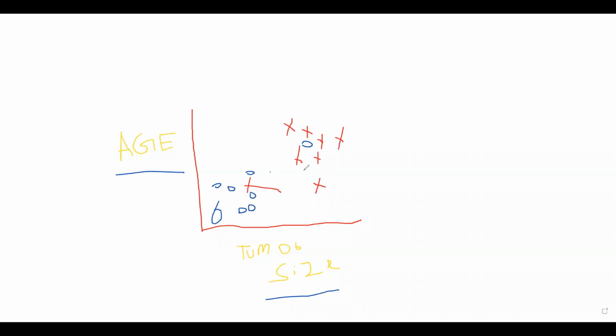So let's say you have a friend who tragically has a tumor, and maybe their tumor size and age fall around here. What the learning algorithm might do is fit a straight line to the data, to try to separate out the malignant tumors from the benign ones. So the algorithm may decide to put a straight line like this.